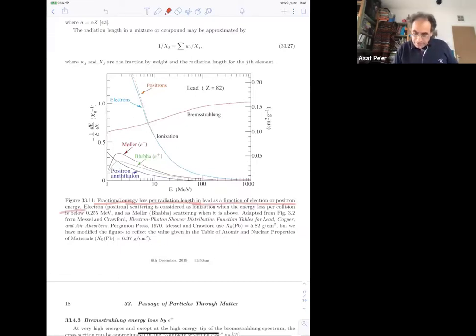So you see that there are various processes, and you get the characteristic energy loss, X0 to the -1 here. Okay, so that 6.37 is roughly right. It's the opposite in units.